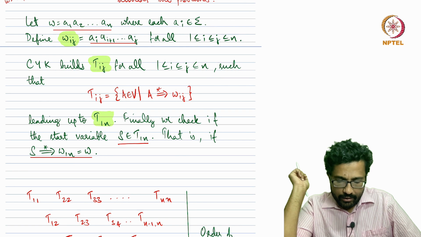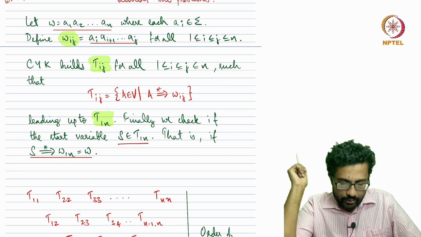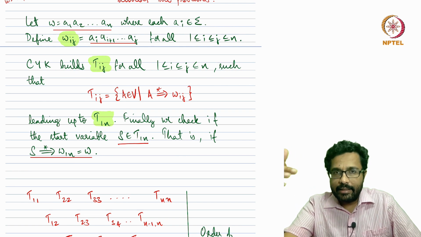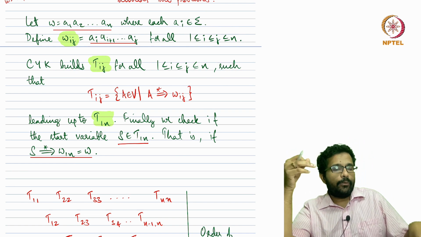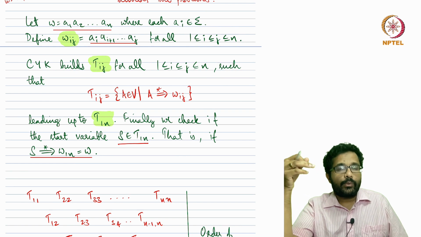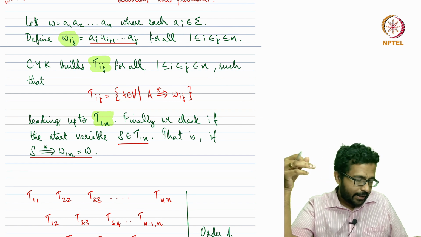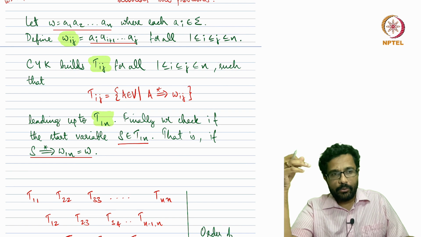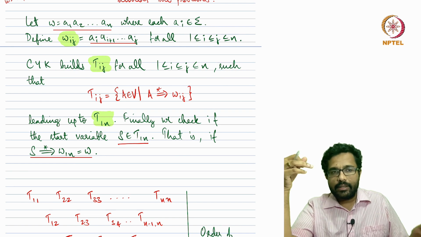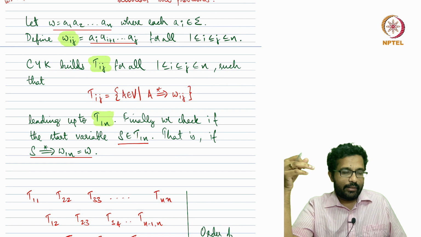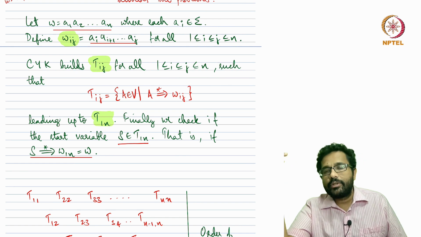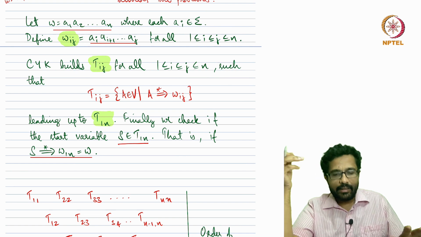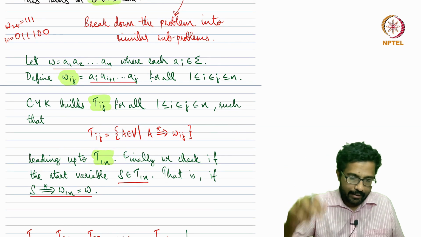So we build all the sets Tij leading up to the set T1n, and then once we have built T1n, we just check whether the start variable is there. If the start variable is there, that means the start variable can derive the string W, which is the same as saying that W is generated by the grammar. If the start variable is there, we say yes, W is generated by the grammar. If not, we say W is not generated by the grammar. Right? So that's the high level picture.